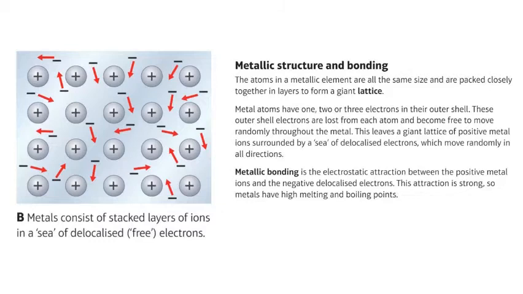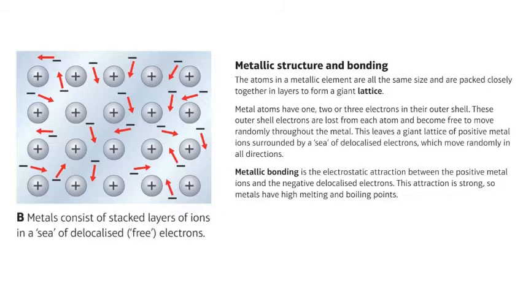So metallic bonding, these are the key points. The metal atoms line up in neatly, tightly packed rows, which we call a lattice. The outer electrons, whether it's 1, 2, or 3 per atom, are released and given away, and we call those free electrons because they're free to move.